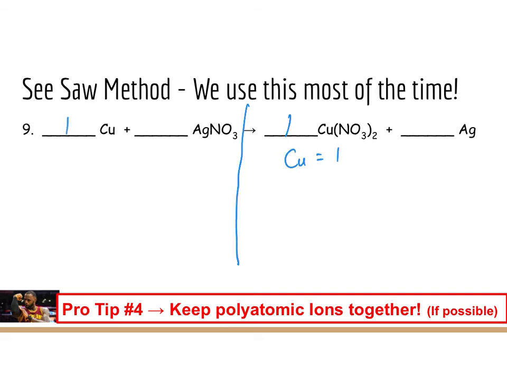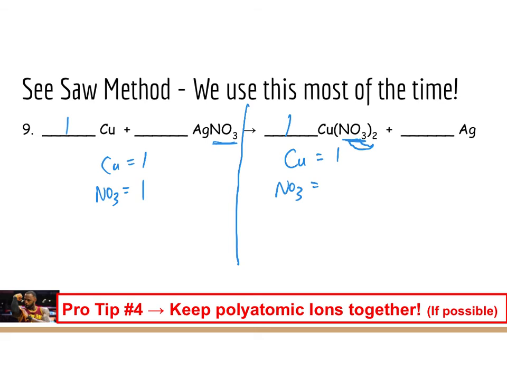Over here, my coppers also have 1. Now, instead of breaking this down and saying there's 2 nitrogens, there's 6 oxygens, notice how there's an NO3 on this side, and there's an NO3 on this side. Now, this doesn't always work, but sometimes we can get away with keeping those together.